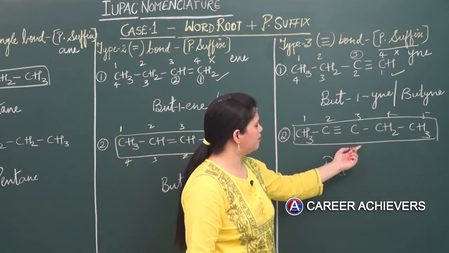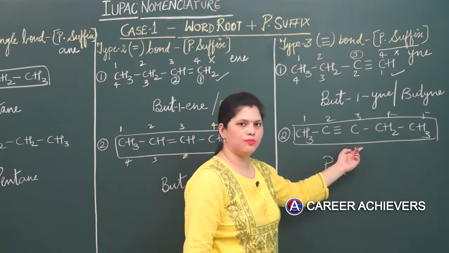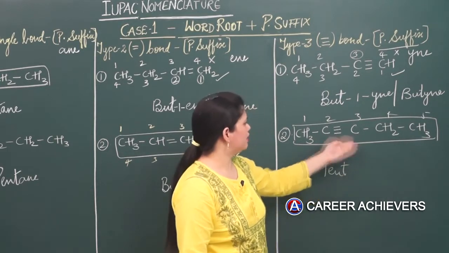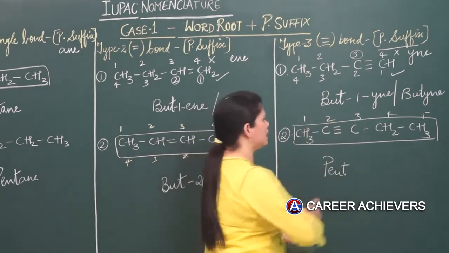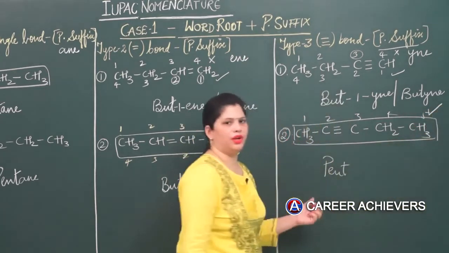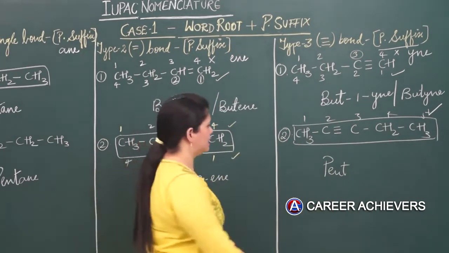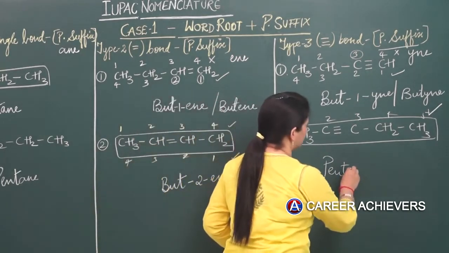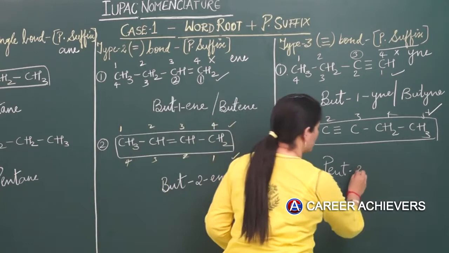So basically the triple bond would belong to the third carbon, and 3 is greater than 2. So the upper numbering only will be taken as correct, and the name of this molecule is pent-2-yne.